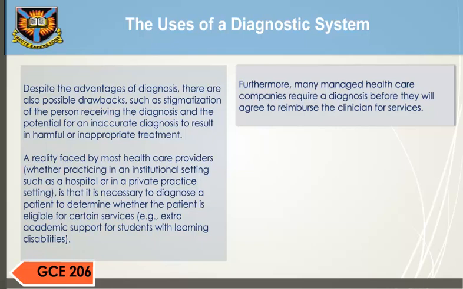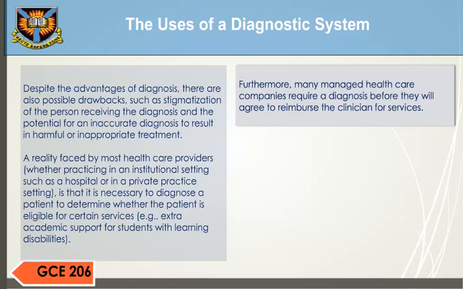Despite the advantages of diagnosis, there are also possible drawbacks, such as stigmatization of the person receiving the diagnosis and the potential for an inaccurate diagnosis to result in harmful or inappropriate treatment.